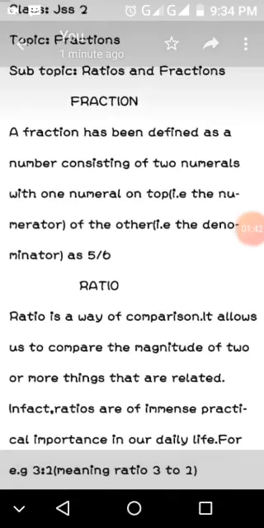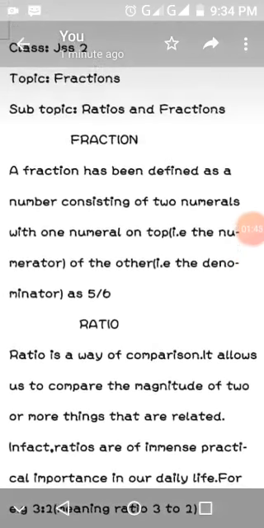For example, 3:1, meaning ratio 3 to 1. That is how we write ratio. That is the symbol of ratio, the two dots in between the 3 and the 1. It is pronounced as ratio 3 to 1.